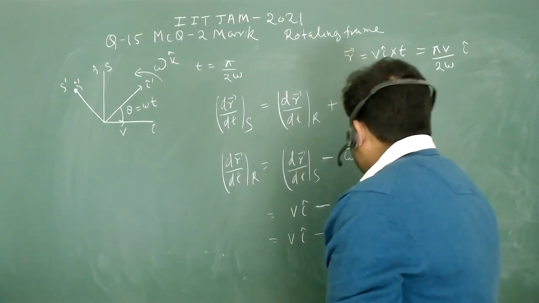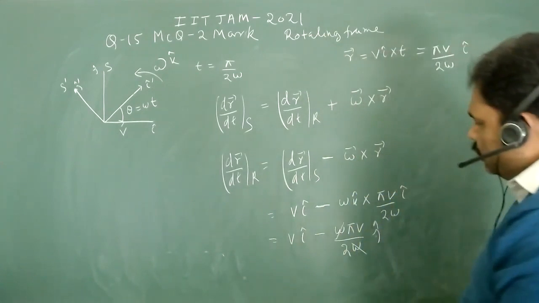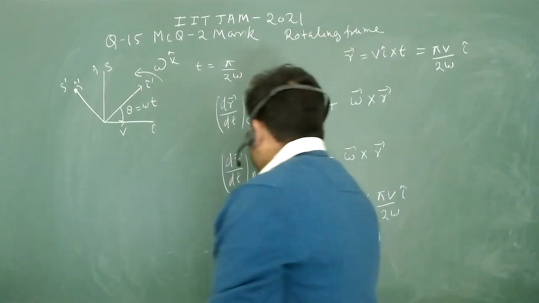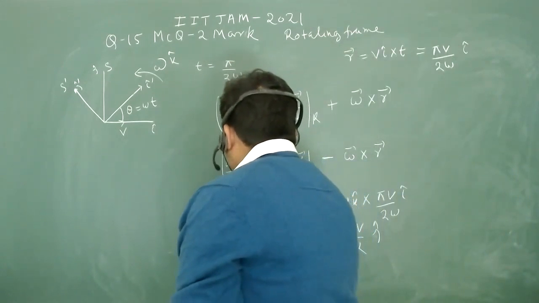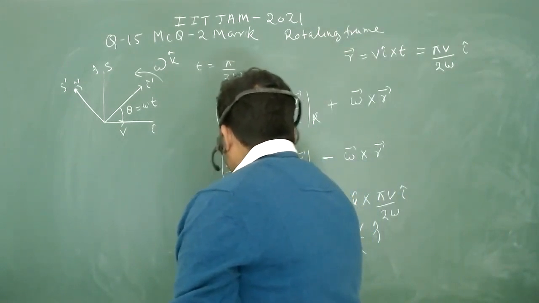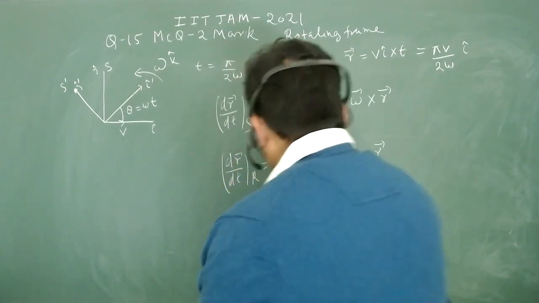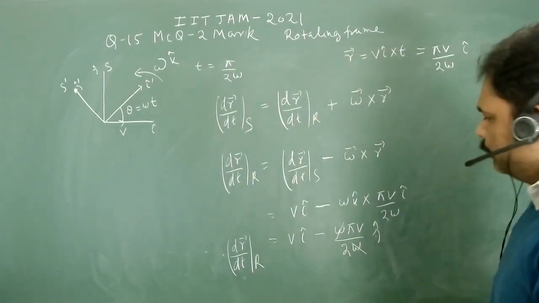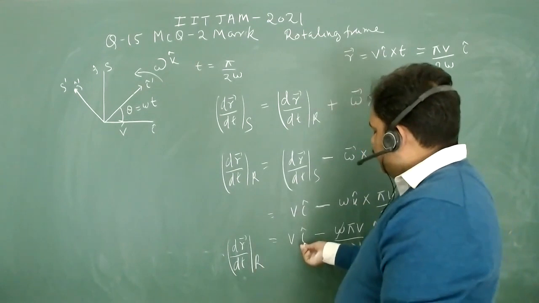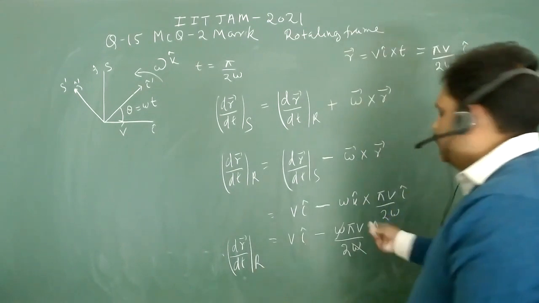So this omega cancels out, and we have basically dr upon dt in the rotating frame. But in this problem, this is given in the direction of i cap and j cap.